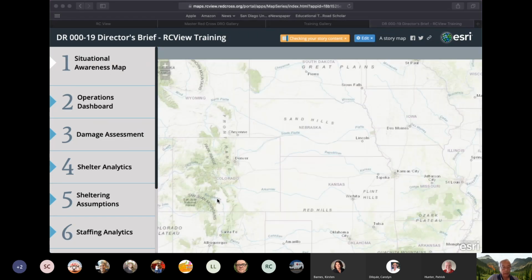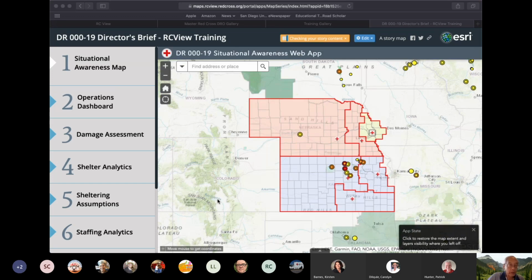If I can reiterate, all these tabs are pretty standardized through the major DRO situations; this layout is pretty much the same. You'll see a situation awareness at the top. Tab 2 will be that operations dashboard from Power BI.